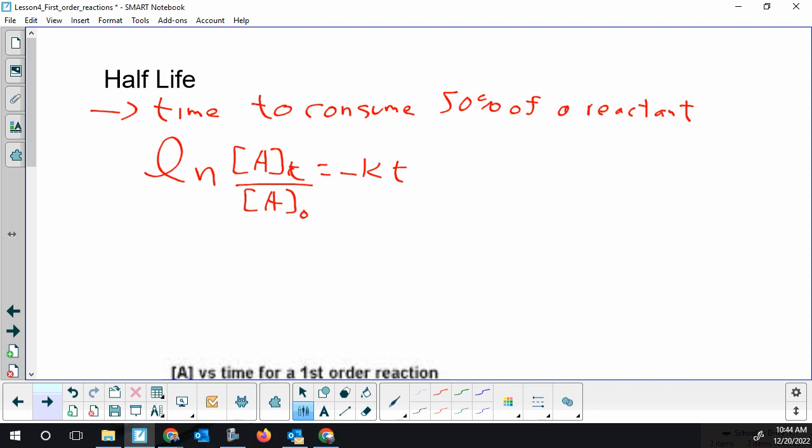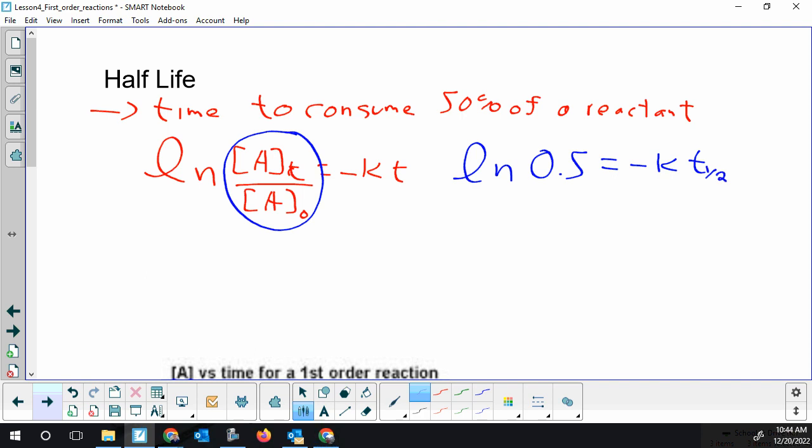So if we want to solve for half-life, we're going to have the natural log. The reaction ratio to use up half the chemical is going to be: the natural log of 0.5 equals minus k, and then I'm going to call this t1/2, not just t. So the natural log of 0.5 divided by minus k is t1/2.